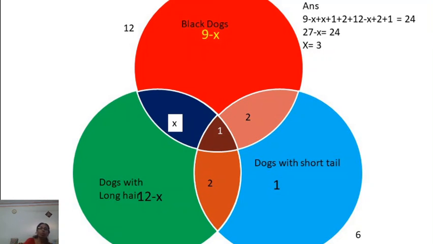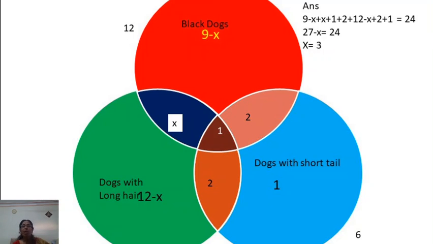First, what is asked? How many dogs are black and have long hair but not a short tail. So this dark navy blue part shows the dogs that are black and have long hair.